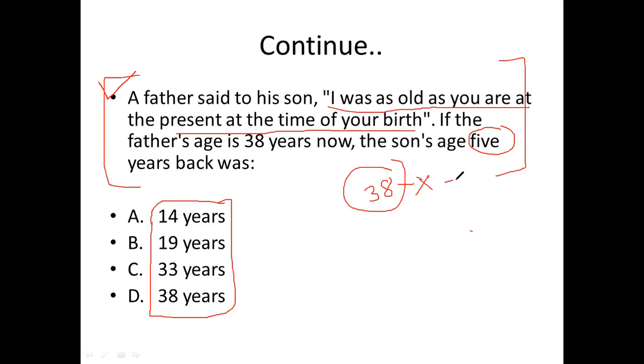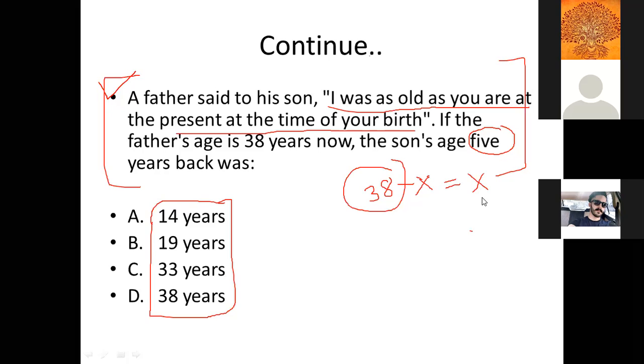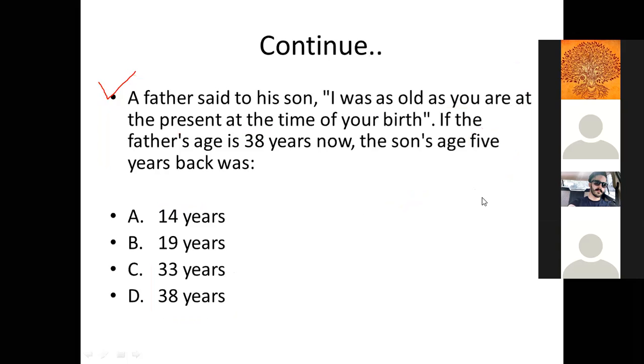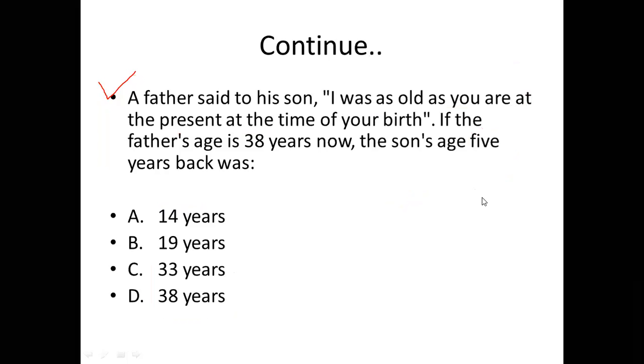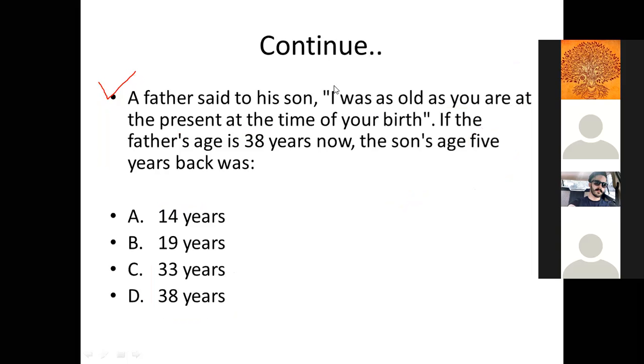So we have to subtract, and that will give this. From this line we get this equation: if the father's age is 38 years, then 38 minus x is equal to x.